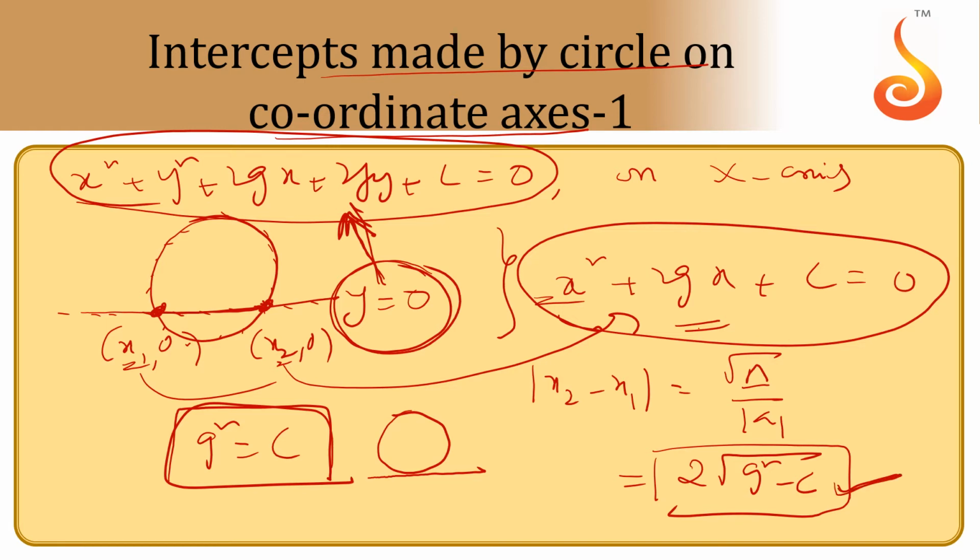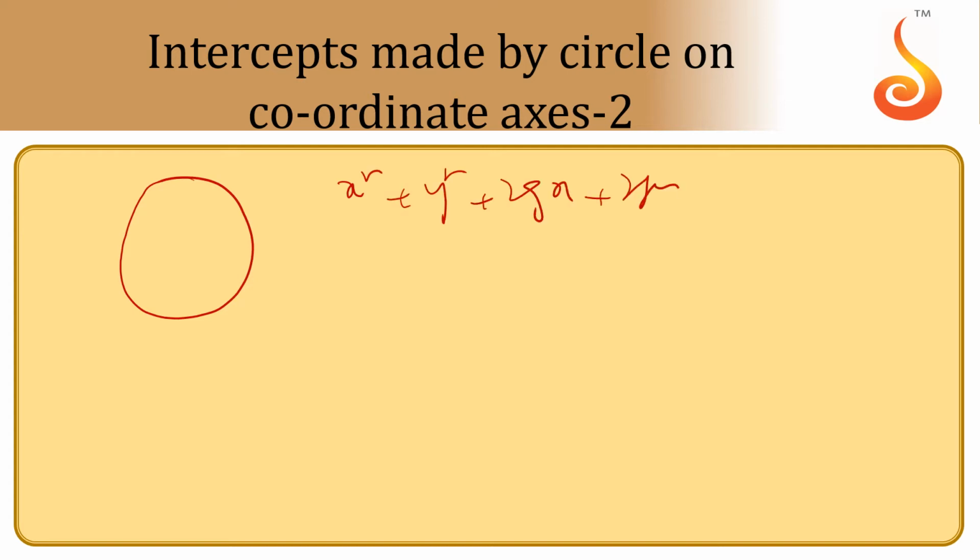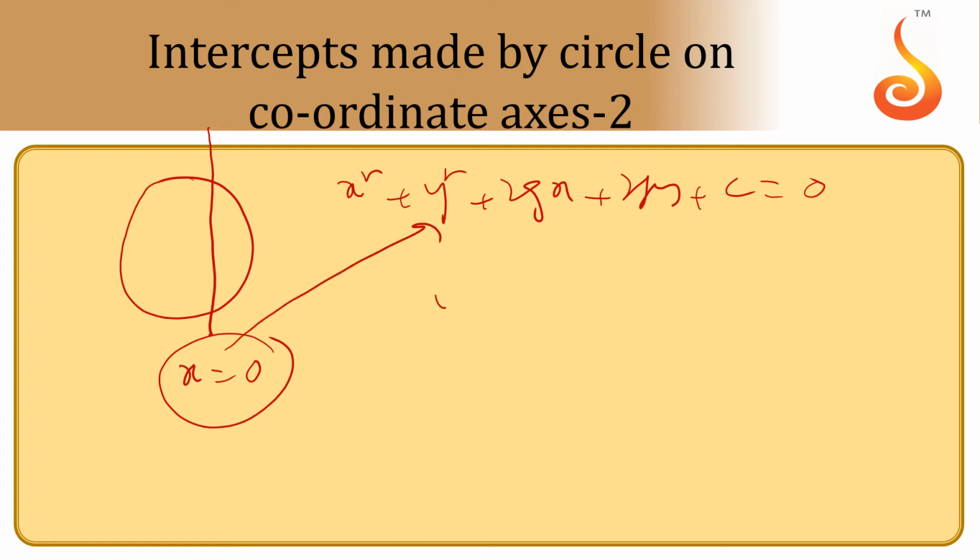And then similarly, if I take the same circle equation, x square plus y square plus 2gx plus 2fy plus c equal to 0, and let us take the y-axis whose equation is x equal to 0. Same logic. Let us insert this into this. You will get y square plus 2fy plus c equal to 0.